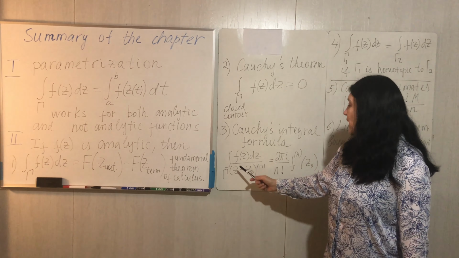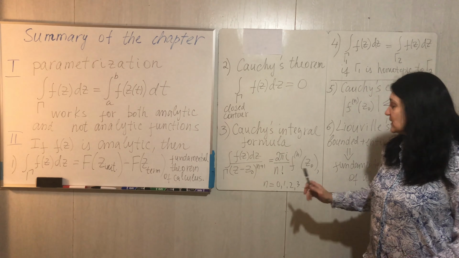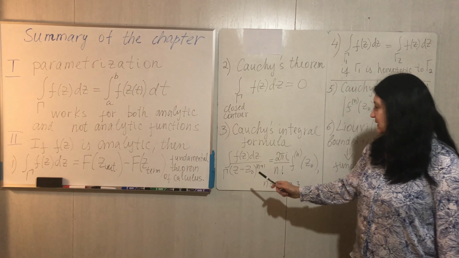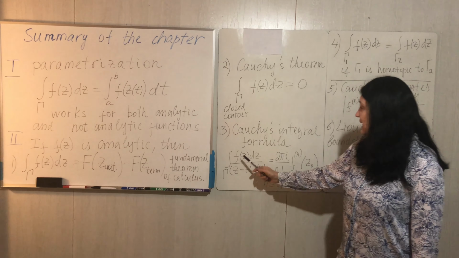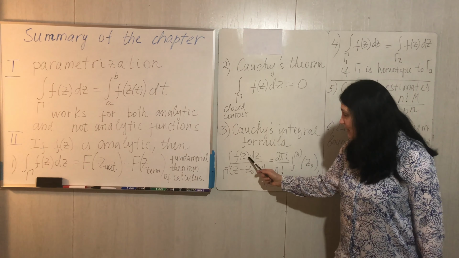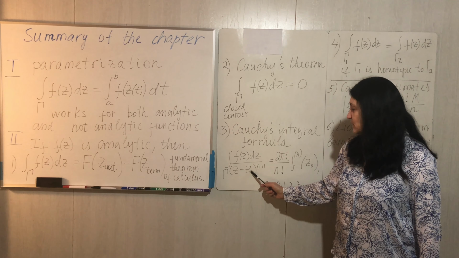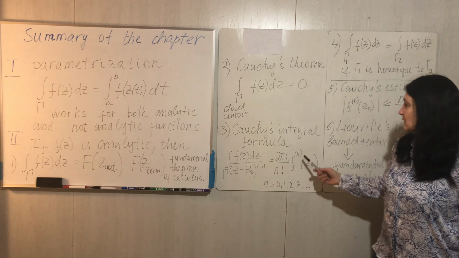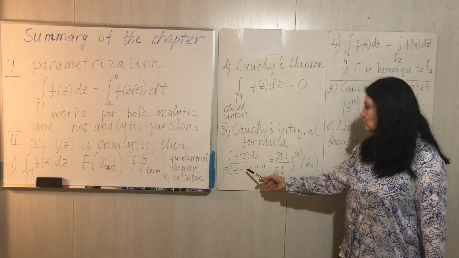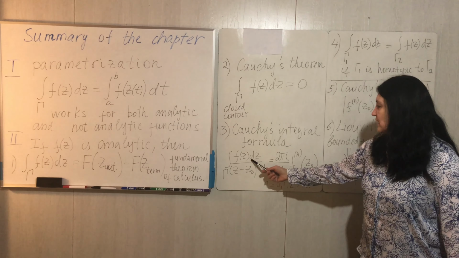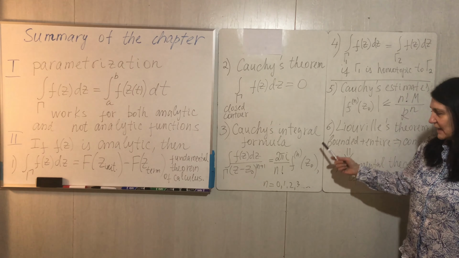If we have singularities in the integrand, but of a special, restricted type, later on we will talk about the more general case, but if we have an analytic function f divided by z minus z sub 0, and here I wrote the generalized version of Cauchy's integral formula, then this can be computed using derivatives.